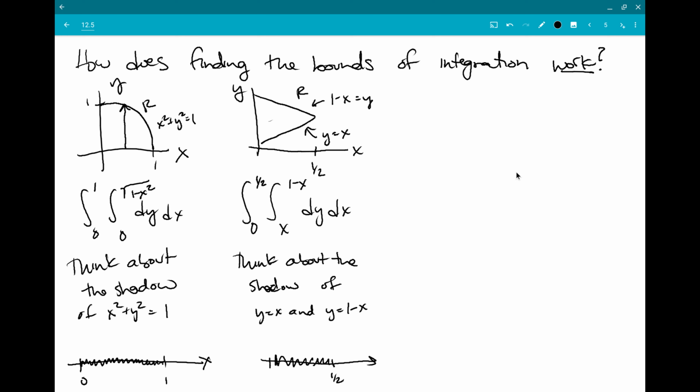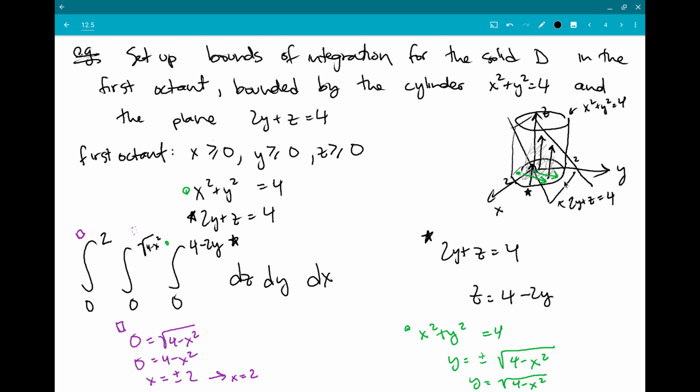And the reason I did this kind of weird painstaking thing is because this intuition is exactly what we use to fill in the second and third bounds going outward, the ones with respect to y and x for this type of problem.